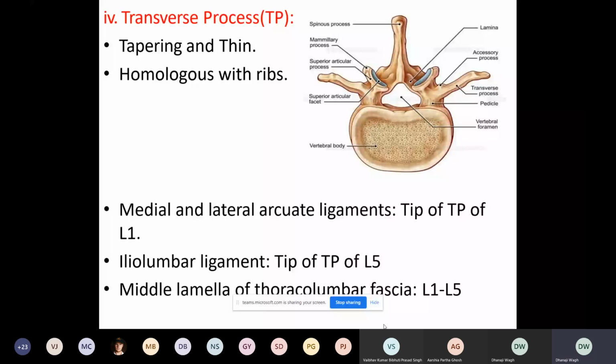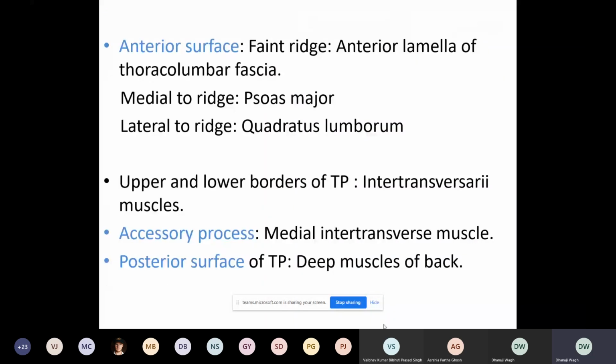Its anterior surface, when you hold it in anatomical position, you see this anterior surface has a faint ridge, for the anterior lamina of the thoracolumbar fascia. Medial to the ridge, the psoas major muscle is attached. Lateral to the ridge, there is the quadratus lumborum. On the upper and lower border of the transverse process, the intertransversi muscle is present.